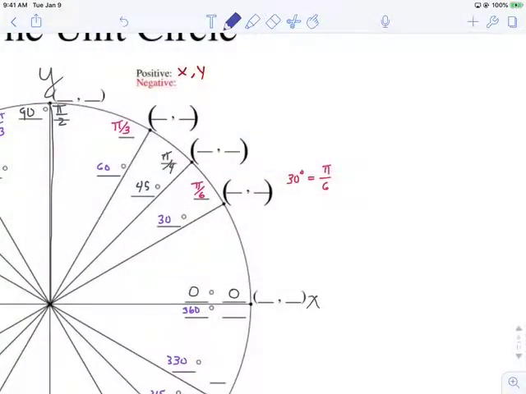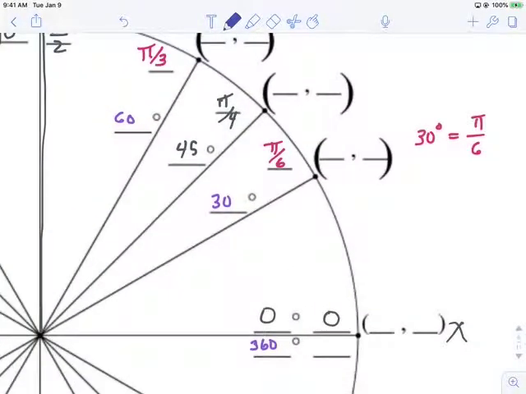Here was the trick I was talking about. This is probably the hardest thing you're going to have if you try and remember it. But if you view it as right triangles, you will never have any trouble. That's a right triangle. Do you agree? What's the measure of this angle? 30 degrees.